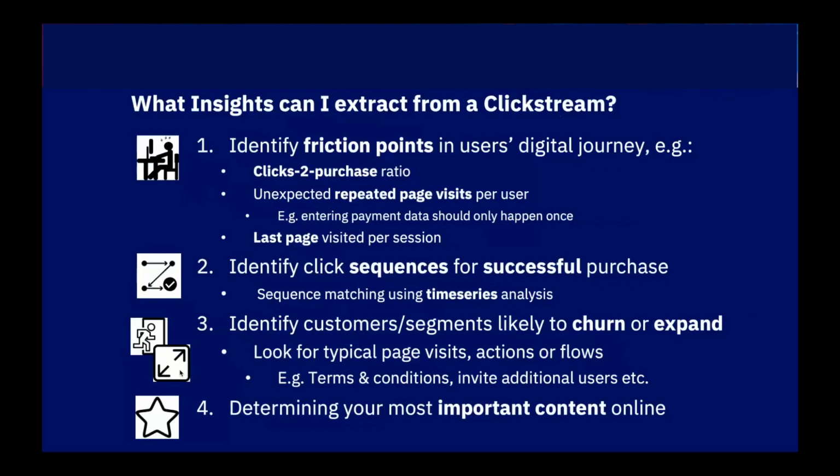Maybe he has problems entering the payment details, maybe it makes it complicated. What is the last page visited in a session? There you can see whether something maybe pisses off my users, scaring them away. This is really important information that you should understand in order to optimize your business at the end. It's about optimizing your own business.